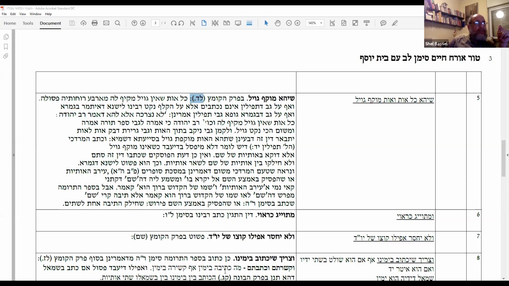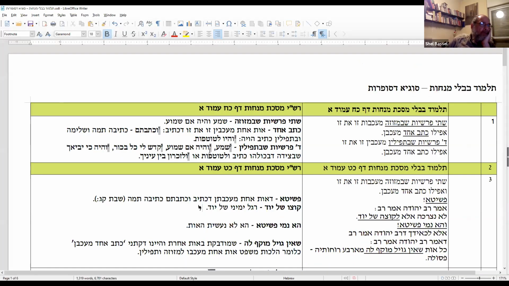So let's look at the sugya that talks about this regarding mezuzah. It will also be applicable to Tefillin. It's also applicable to Sefer Torah and to Megillah, and in general, in Hilchot Stam. It's a very basic sugya.